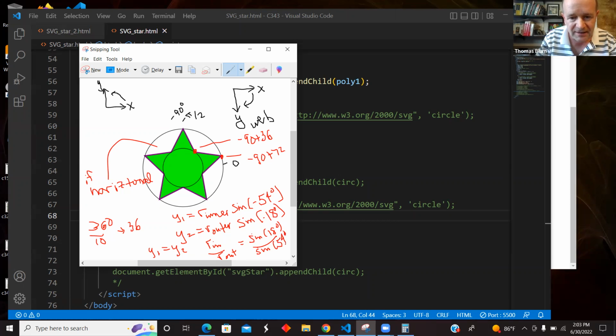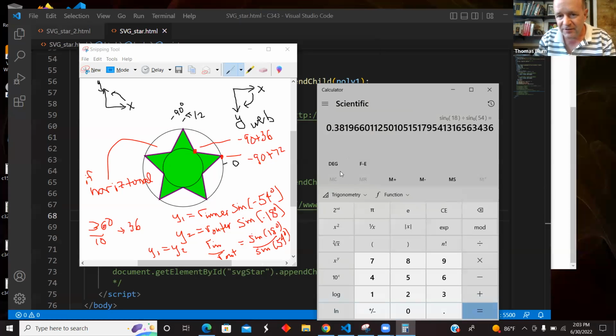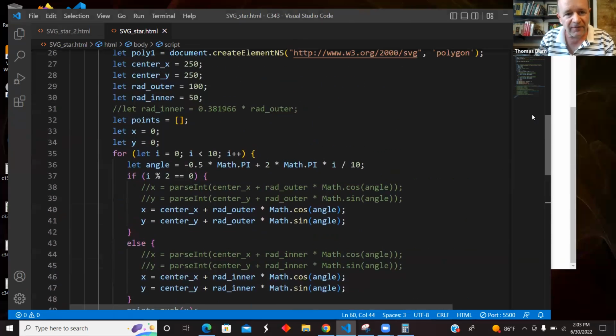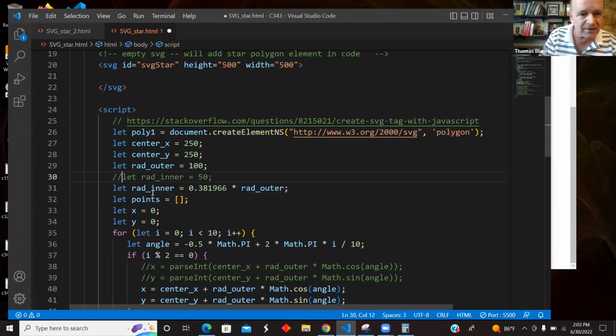I got rid of the minus signs, which I can do. I already did that on this calculator. The calculator's in degree mode, so I used 18 and 54. And if I do that division, it's 0.381966. And I have that number here as a comment. So I'm going to uncomment that and comment this one.